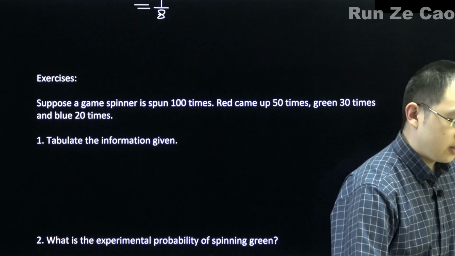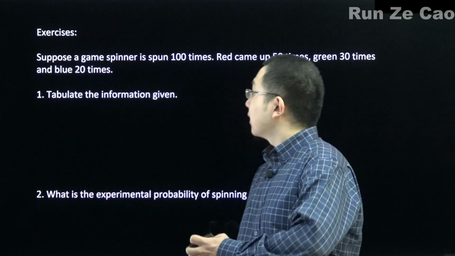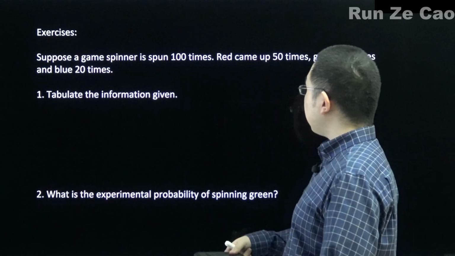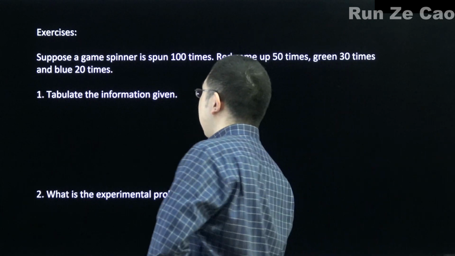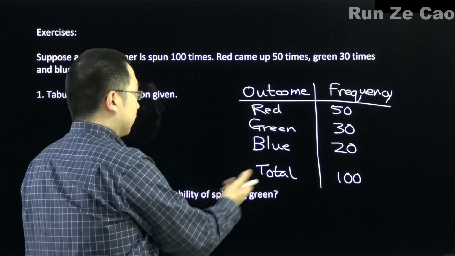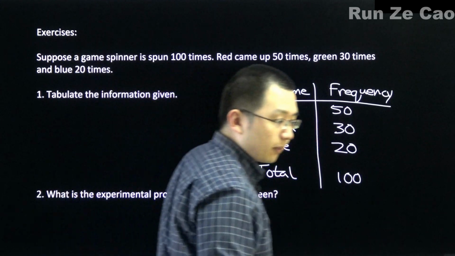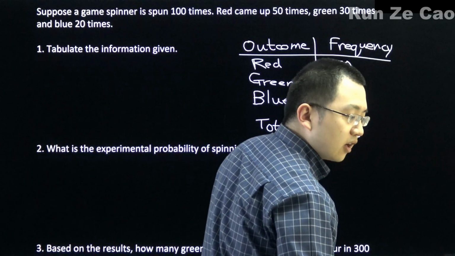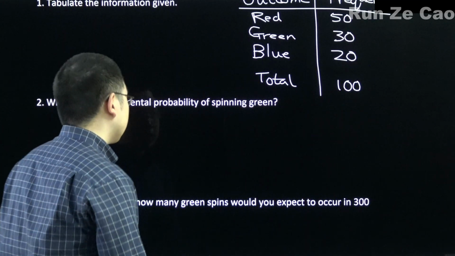Now let's say we have a spinner game in an exercise, and it spun 100 times. Red came up 50 times, green 30 times, and blue 20 times. We'll tabulate this. So the table looks like this, the outcomes and their corresponding frequencies. What's the experimental probability of spinning green?